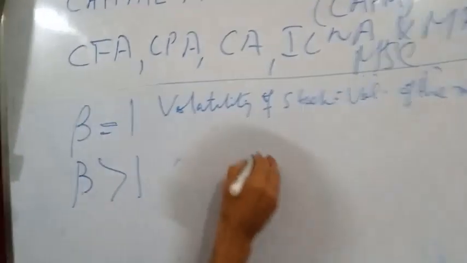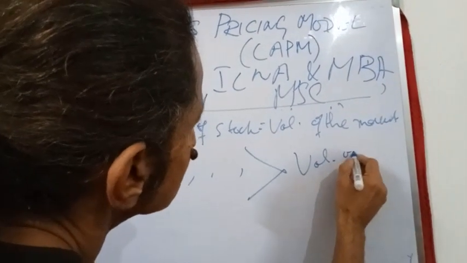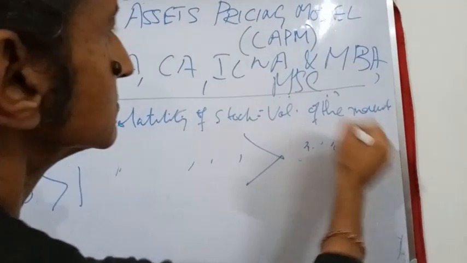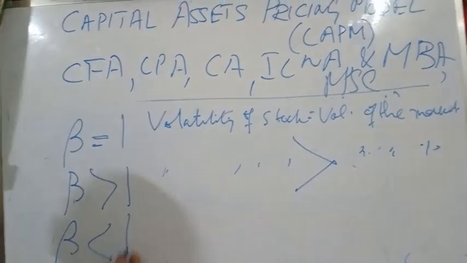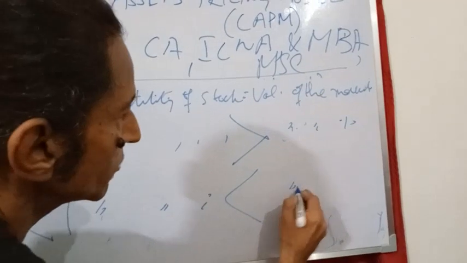Beta greater than 1 means volatility of the stock is more than volatility of the market. Beta less than 1 means volatility of the stock is less than volatility of the market.